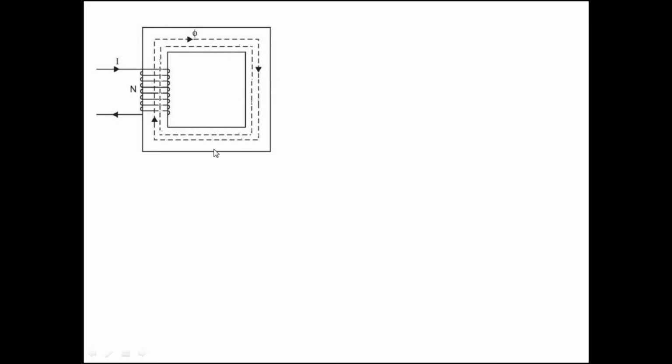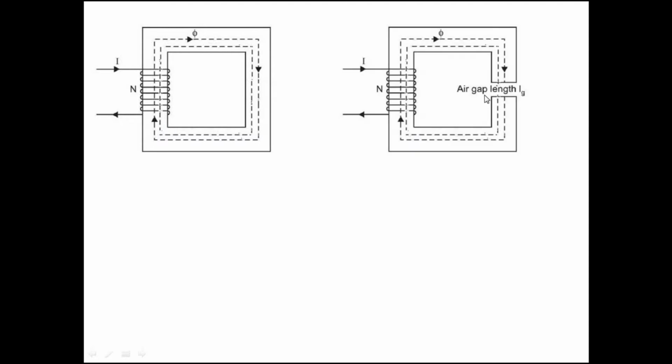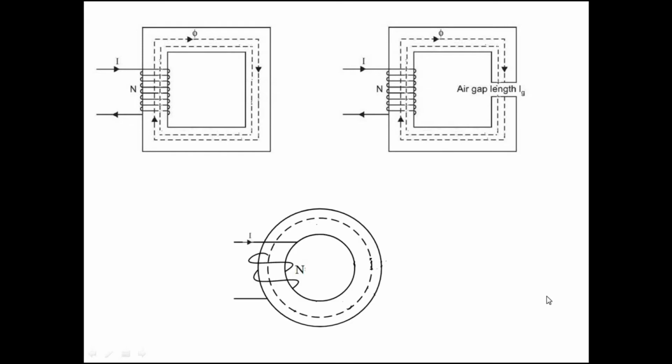So it can be simply rectangular, or with an air gap length. So the field lines will decrease since the air gap does not allow much flow of the field lines, and it can also be a ring type core.